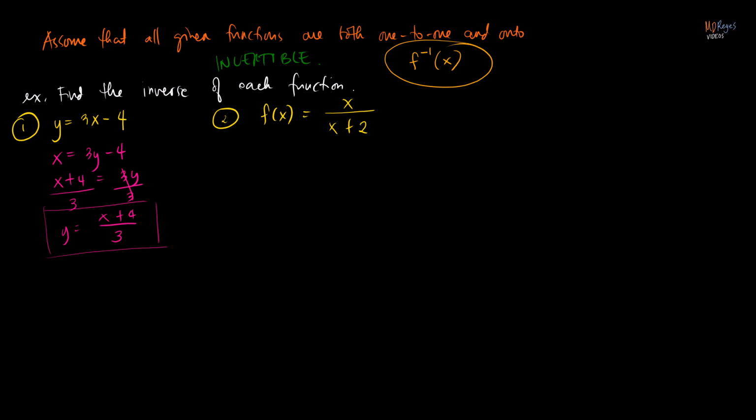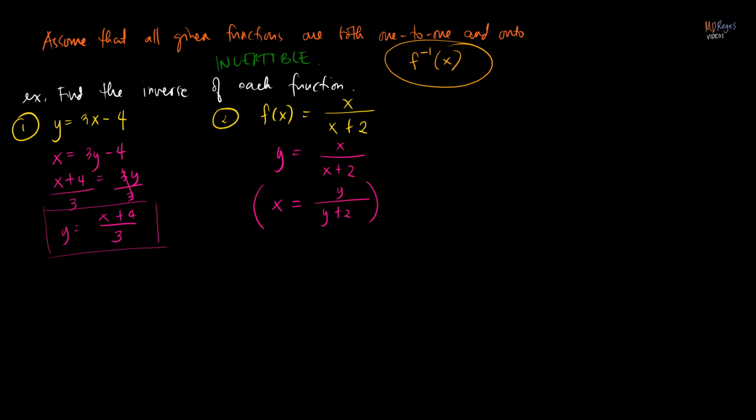Since the function is written using the notation f of x, we need to write the function as y equals x over x plus 2, because remember we have to change all x to y and then change y to x. So the next step would be changing y to x, and then x to y over y plus 2, and then solve for y in terms of x.